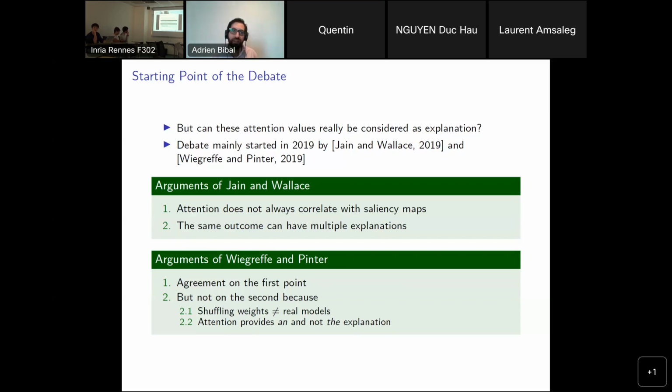The thing that has to be considered is that before that point, attention was mainly used as an explanation because it seems like an explanation of what the black box was doing.